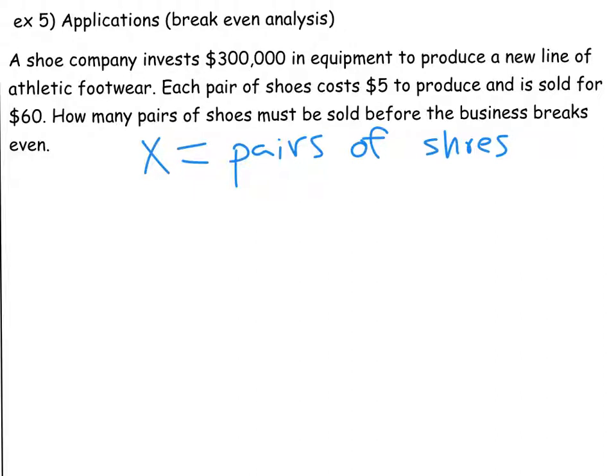Okay. What we're after here is that it's going to give us information for revenue based on how many shoes are produced, and cost. What we're after in this problem is to figure out when, in terms of producing shoes, our revenue and our cost are going to be the same. It's going to tell us the minimum number of shoes we need to produce before this becomes profitable.